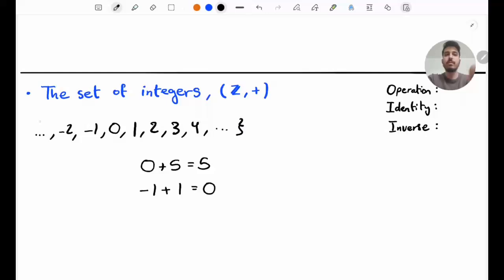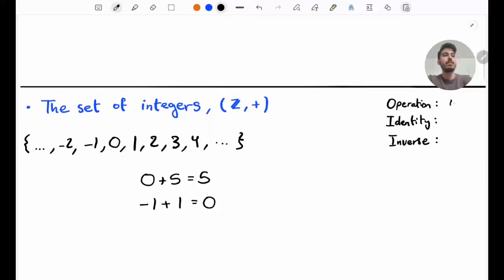Together, the set of integers with the operation addition makes a group. So that's great. We have a group. So the operation is addition, the identity is 0, and the inverses are the additive inverses, which is the negative of the element.